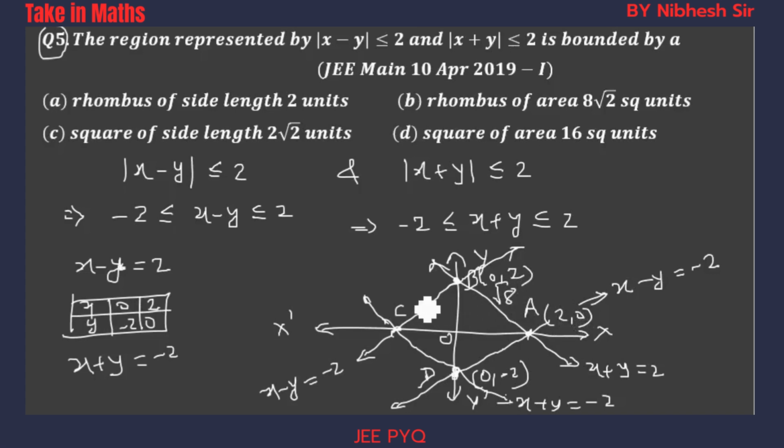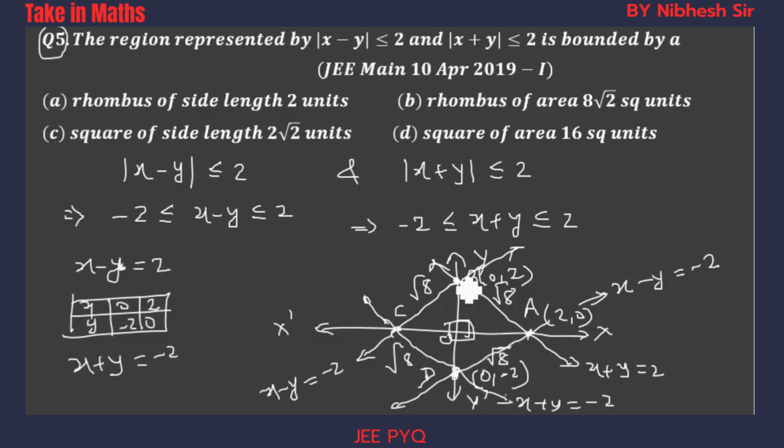Even this one is root 8, this one is root 8, this one is root 8. So we get that the sides are equal. But in a rhombus also all the sides are equal, so we have to check the diagonals. Diagonals intersect at 90 degrees even in a rhombus, but diagonals should be equal in a square.